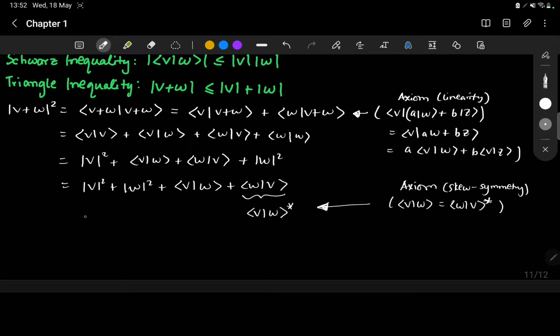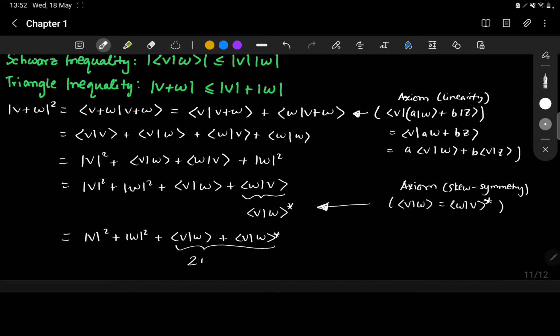So what do we have? Now this, if you see, it is a number. This inner product gives you a number plus the complex conjugate of the number.